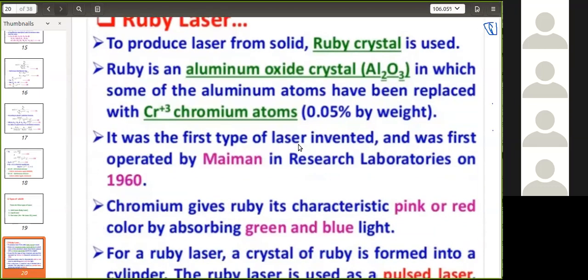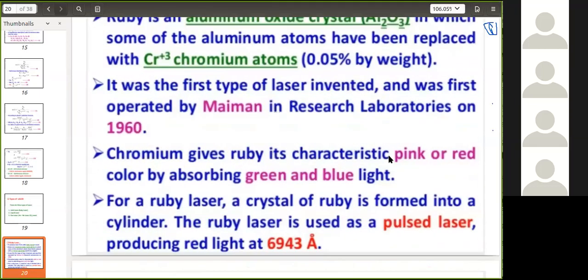So ruby laser is basically characterized by pink or red color, and it absorbs green and blue light. ग्रीन एंड ब्लू लाइट एब्सॉर्ब करता है और पिंक और रेड छोड़ता है. इसका मतलब समझ में आया? ग्रीन एंड ब्लू का वेवलेंथ है ऑफ द ऑर्डर ऑफ ग्रीन का 5000 I think, whereas for red it is of the order of 6500. तो ये ज्यादा एनर्जी लेता है. फिर इसके बीच में कुछ होता है.